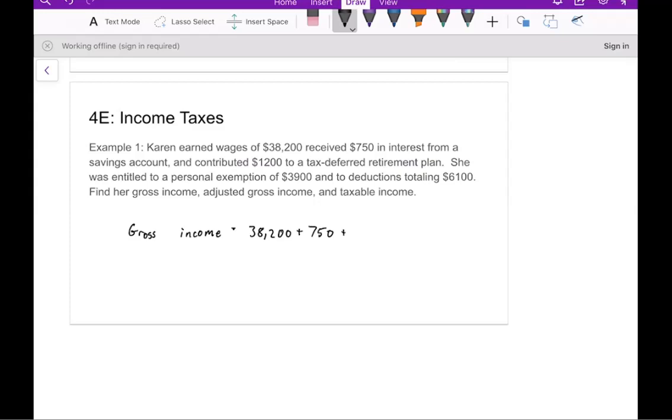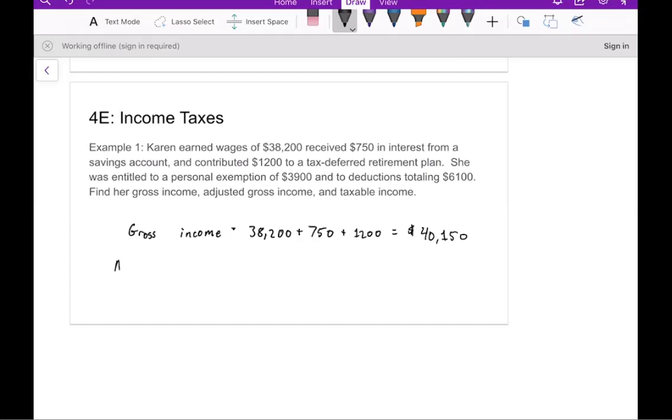And then we also have the $1,200 contributed to a tax-deferred retirement plan, okay? So if we add all these together, let's see, my calculator here. So we have 38,200 plus 750 plus 1,200, and that gives us that our gross income was 40,150.